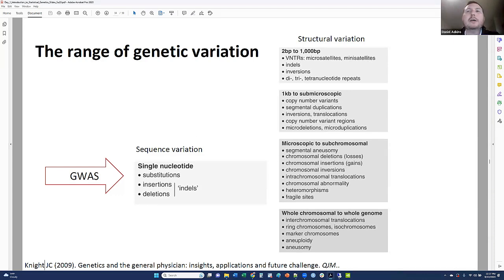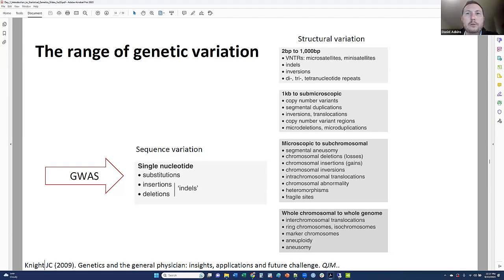I'm not going to go through every bullet point here in the structural variation, but some structural variations are quite large, right? So Down syndrome is typically caused by a trisomy, which means for a given chromosome, I forget which chromosome it is, but instead of just 2 chromosomes, you actually have a third chromosome.